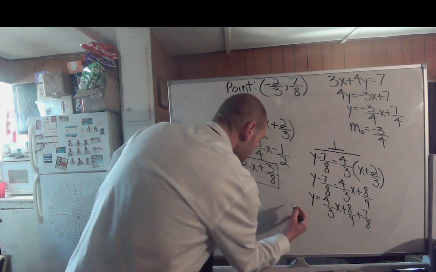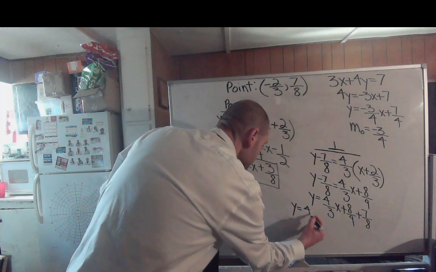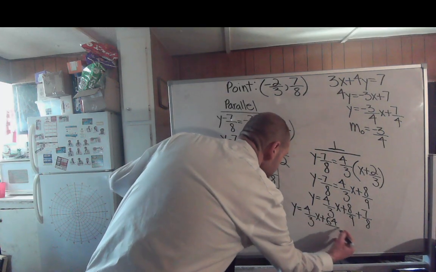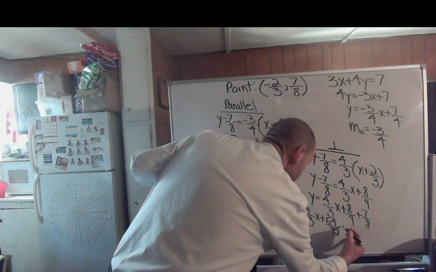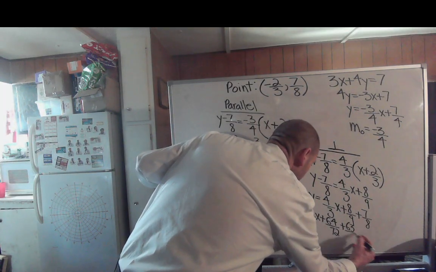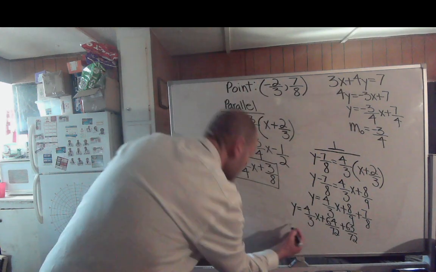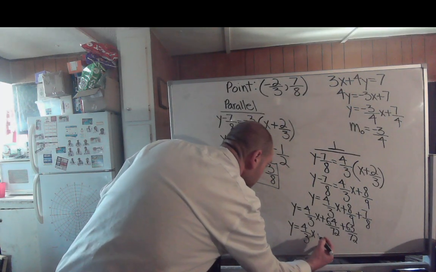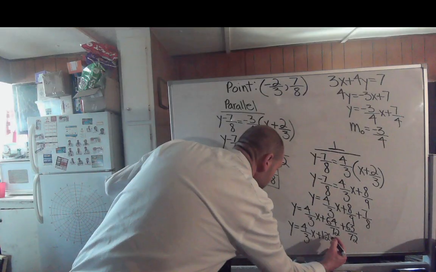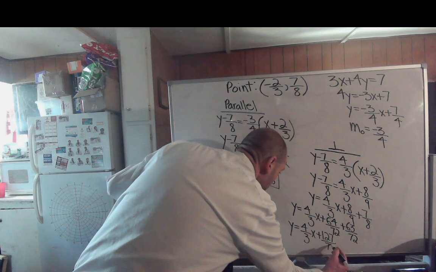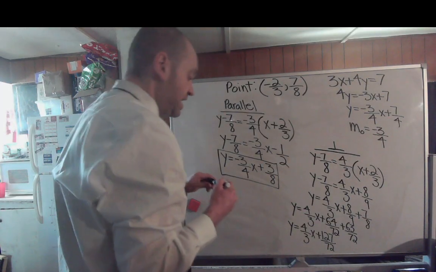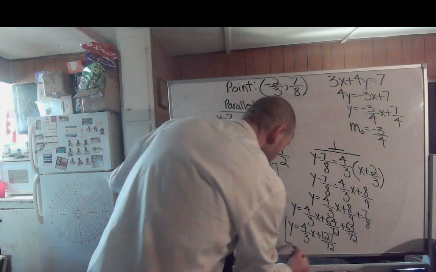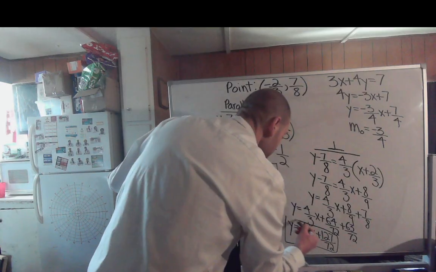So y is going to equal 4/3 x plus 64/72 plus 63/72, which would mean y equals 4/3 x plus 127 over 72. And I don't think the 127 reduces any further, so this is the best you can get.